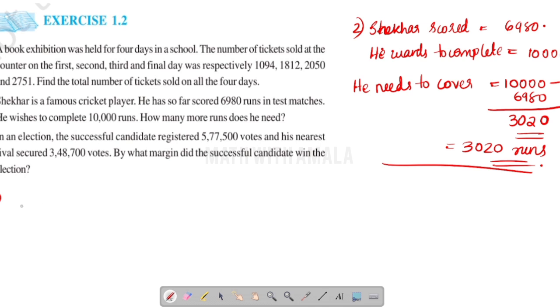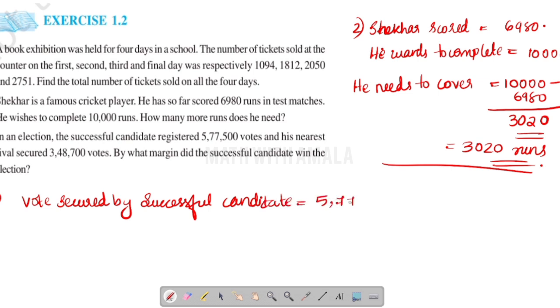So let's write all of the given data in step-by-step format since it is a word problem like the other two problems. The votes secured by the successful candidate are 5,77,500 votes. The nearest rival secured 3,48,700 votes.